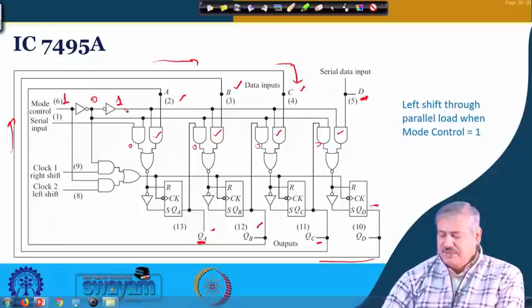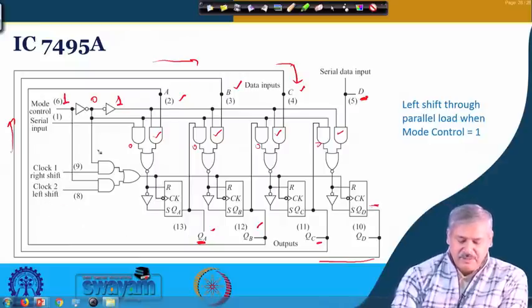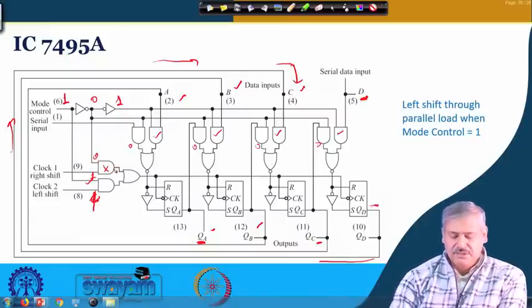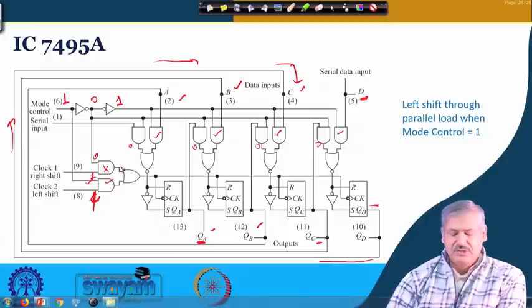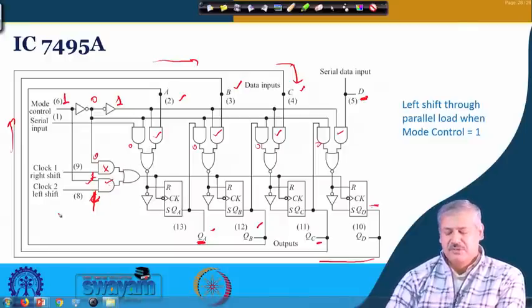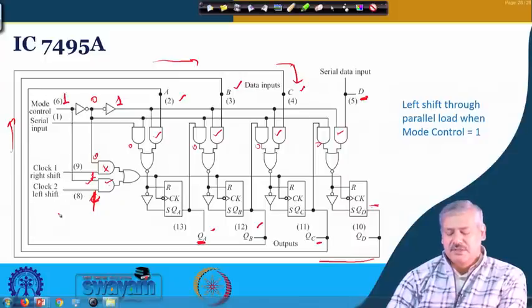These outputs are all 0 because it is coming from here and this is your 1, okay. So, at this particular clock, the left shift clock, which is coming here, this is 1 and this is the clock we are talking about. In the other case this is 0, so this is not working. So, this AND gate output is always 0. So, OR gate output will be taking this AND gate output. So, this clock will be the one in consideration.